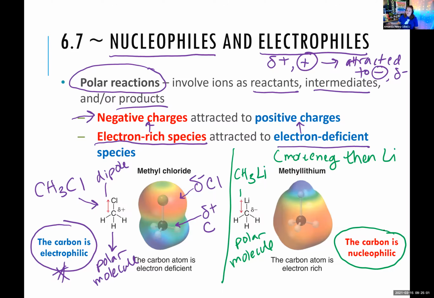That means that it loves the nucleus, which is where the protons are. So something that is a nucleophile is partially negative or just negative, and it's going to be attracted to the nucleus, which is where our protons are. So most reactions are going to happen because of an attraction between nucleophiles and electrophiles.